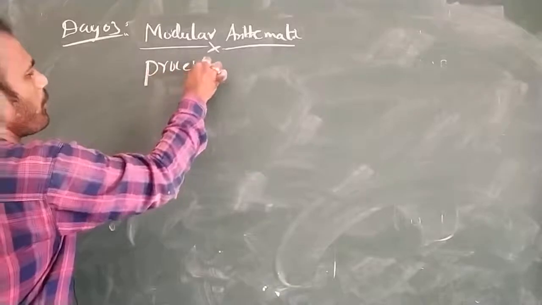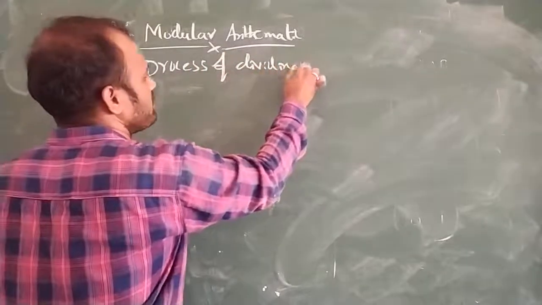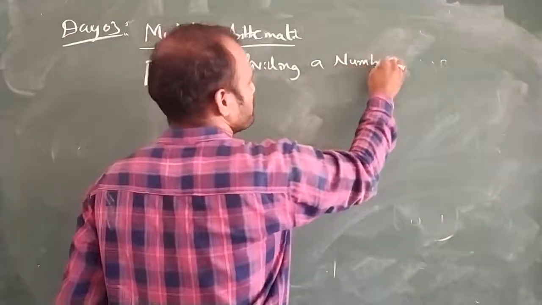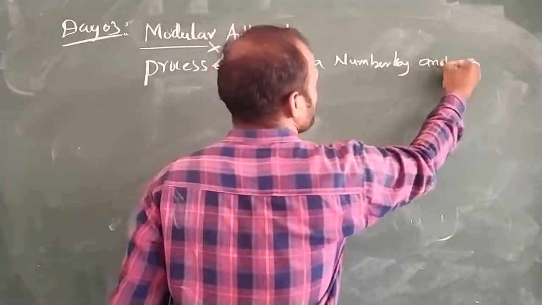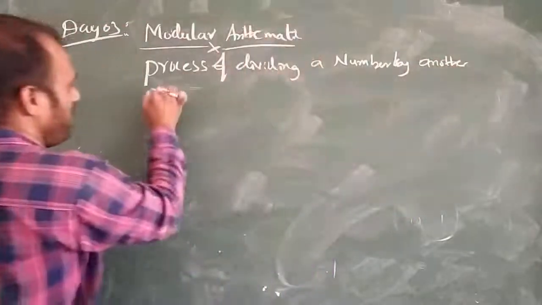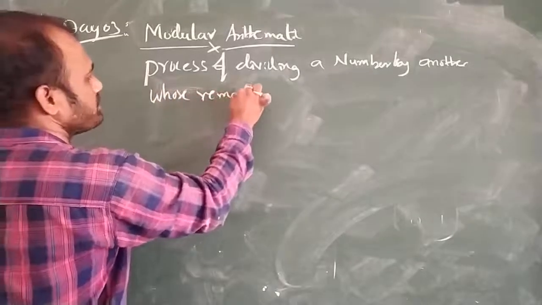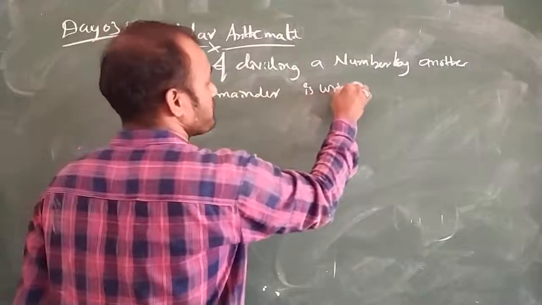It is a process of dividing a number by another, whose remainder is written as follows.